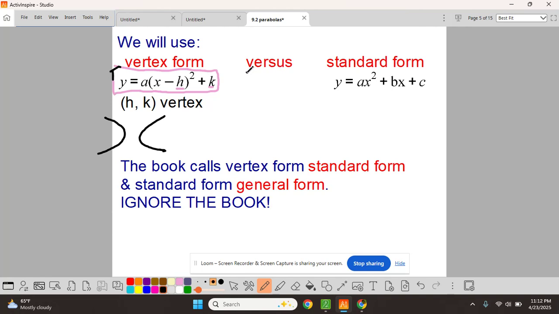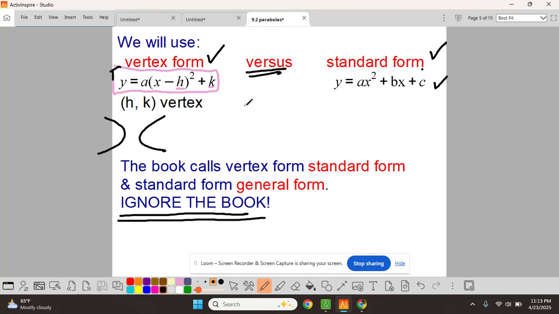But make sure that you understand, if this is the vertex form, the standard form is y is equal to ax squared plus bx plus c. The book may call it differently, but for today we will ignore the book so you won't get confused. For us, this is the vertex form, this is the standard form.